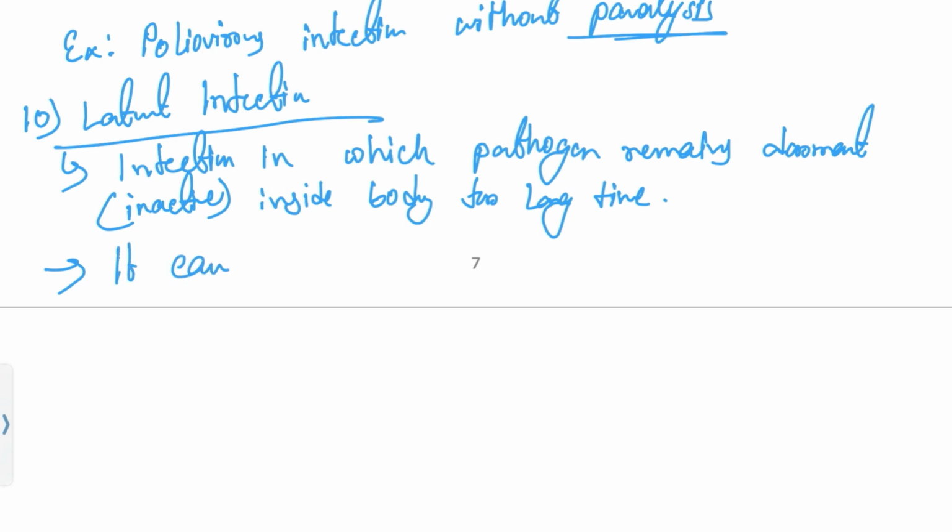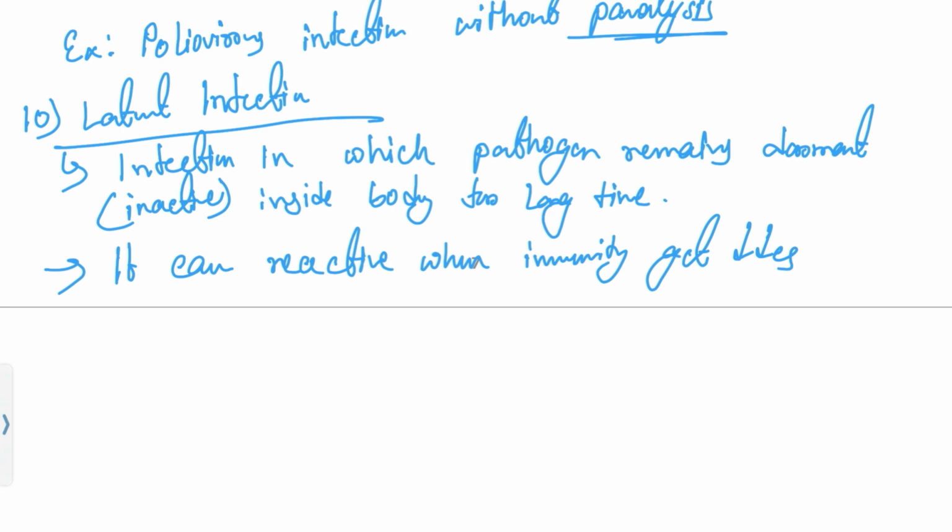It can reactivate. ये तभी reactive होगा, कब होगा? जब patient's immunity gets decreased. जब भी microorganism बॉडी के अंदर एंटर करता है, it starts multiplying, it damages the surrounding body tissue and shows the signs and symptoms. So different infections have different incubation periods, but when such infections take a long time, keeping themselves in an inactive state inside the susceptible host, that will be coming under your latent infections.